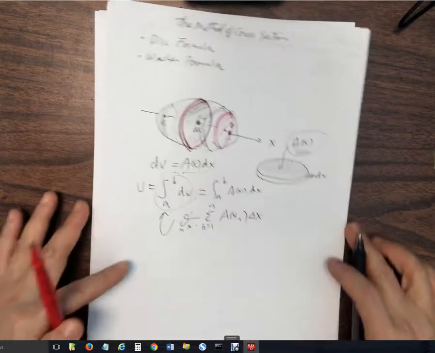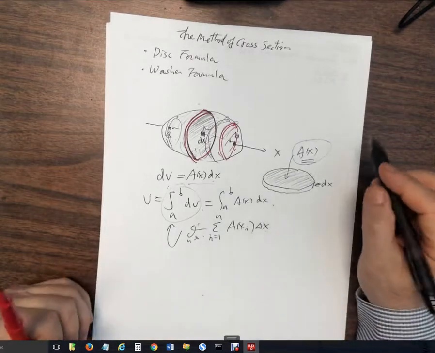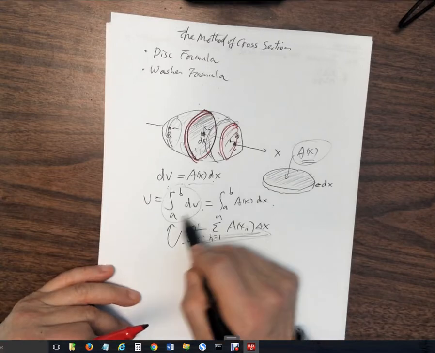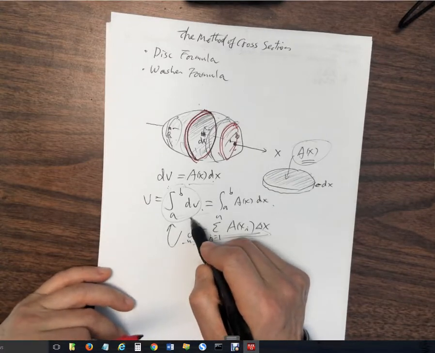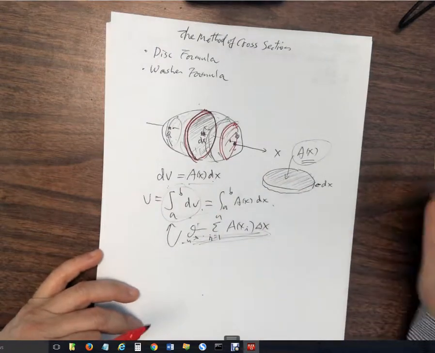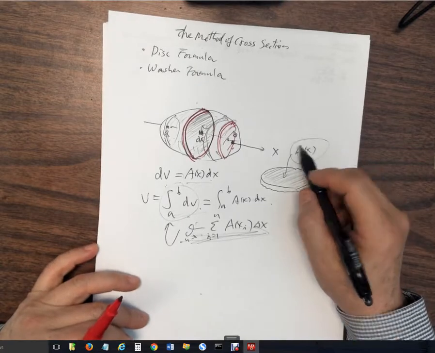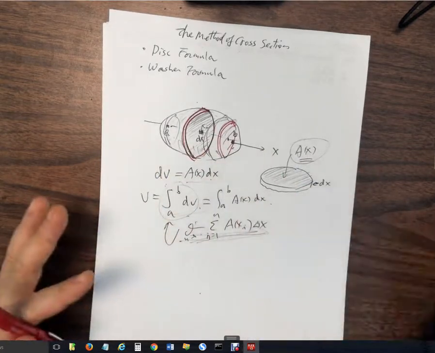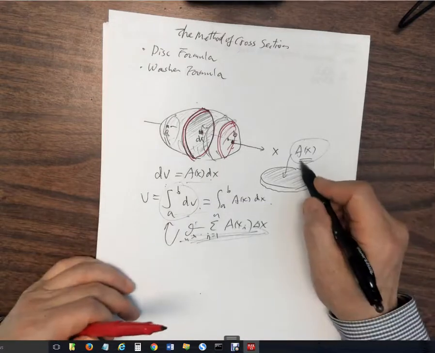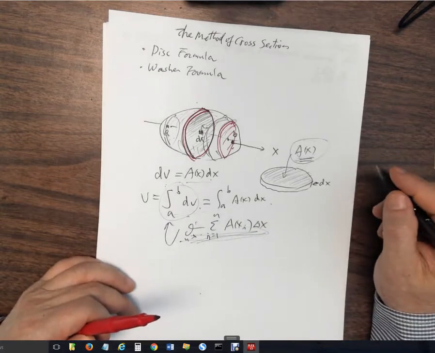So this is how we set up a Riemann sum to come up with a definite integral for the volume of a solid. It's nice, but the problem is, if the solid is irregular, just any arbitrary solid, it's usually impossible to find A of x. That's the only problem.